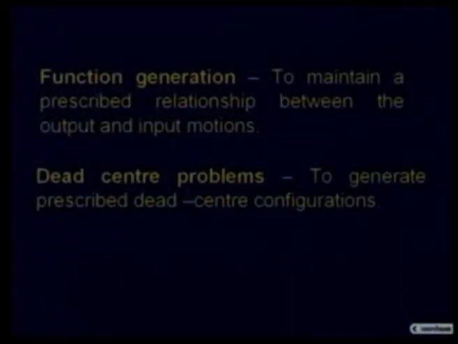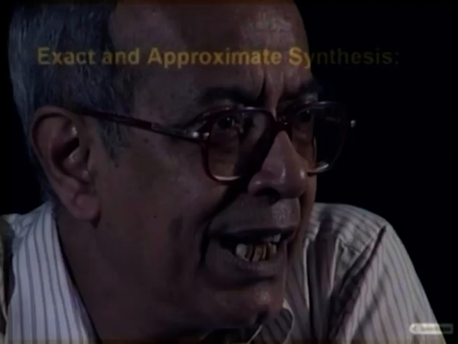At this stage, we must emphasize that in the synthesis problem, we can talk of exact synthesis and approximate synthesis. That means the desired or prescribed motion characteristics are satisfied exactly over the entire range of movement, or it is satisfied only approximately during the entire range of movement. More often than not, it is not possible to use a simple linkage and satisfy the prescribed motion characteristics exactly over the entire range of movement.